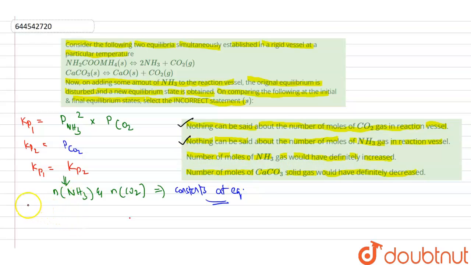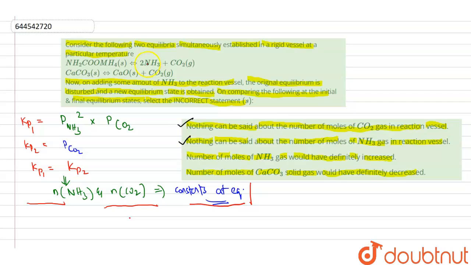From this we know that NH3 at equilibrium is basically a constant. Now after that we add some NH3. So what happened after adding NH3?